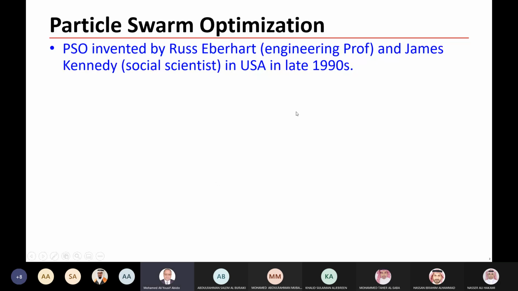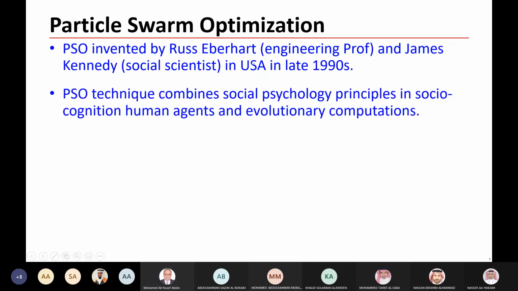PSO, late 90s, by a professor of engineering and a professor of social science. And as we mentioned, this technique is based on swarm behavior.